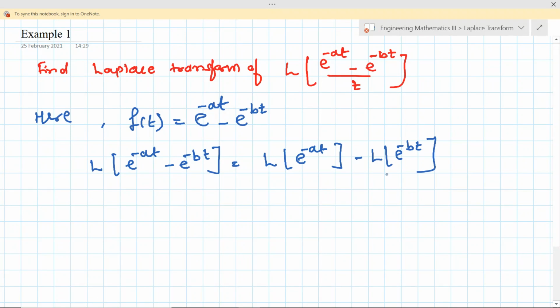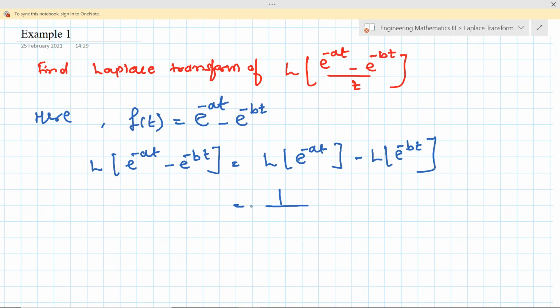We know the standard formula. The Laplace of e^(-at) is nothing but 1 upon s plus a. Am I right? Check for this. It is 1 upon s plus a. And what is the Laplace of e^(-bt)? It is 1 upon s plus b. This is the standard result that we have seen.